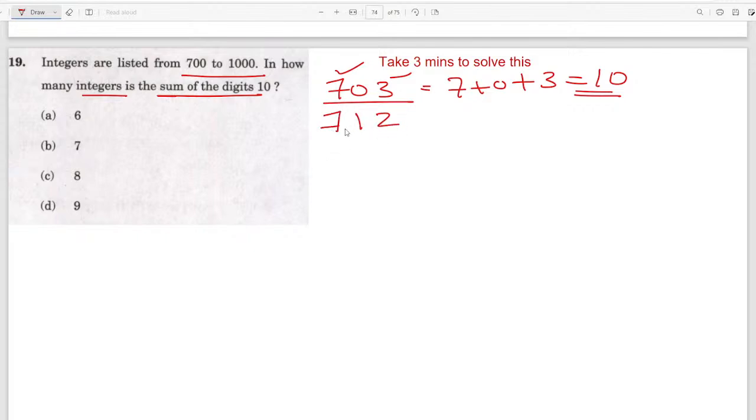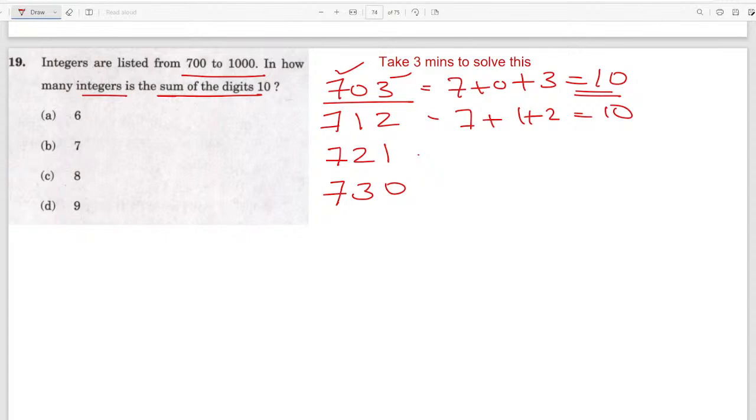Again 7 plus 1 plus 2 is 10. Then you have 721. Then 730. This is one number, 730. After this, you would not have any other number, because the next numbers start at 740.